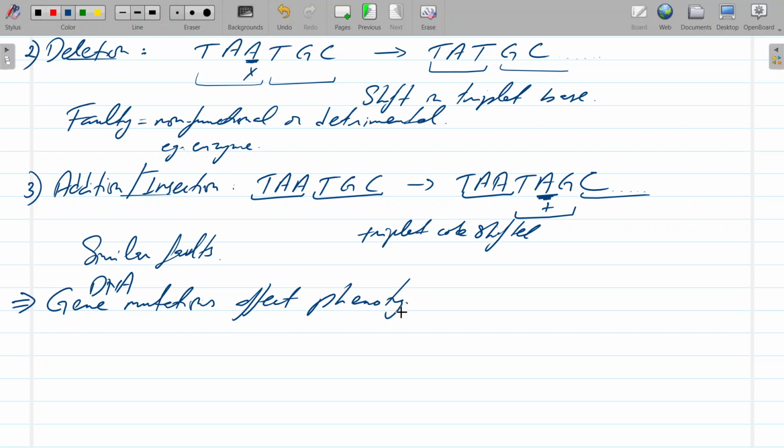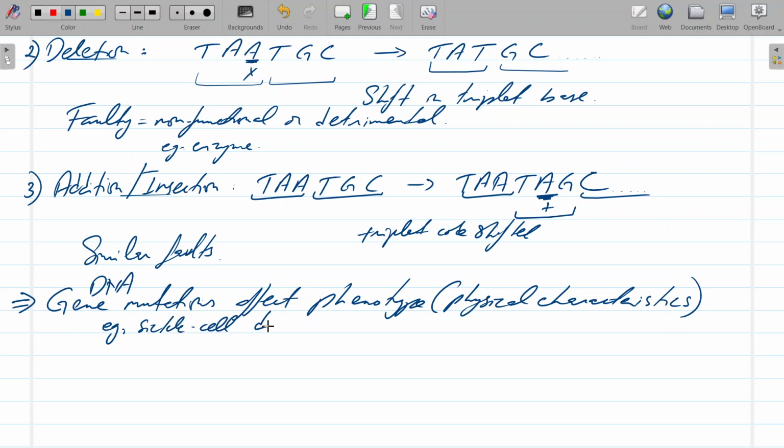Phenotype, just to recall, are the physical characteristics that show up based on the genotype, which is the genes and the sequence and the proteins and everything. So an example obviously is the sickle cell disease that we just talked about, because it is physically changing the structure of the hemoglobin, the shape of the red blood cell, and its oxygen carrying capacity.